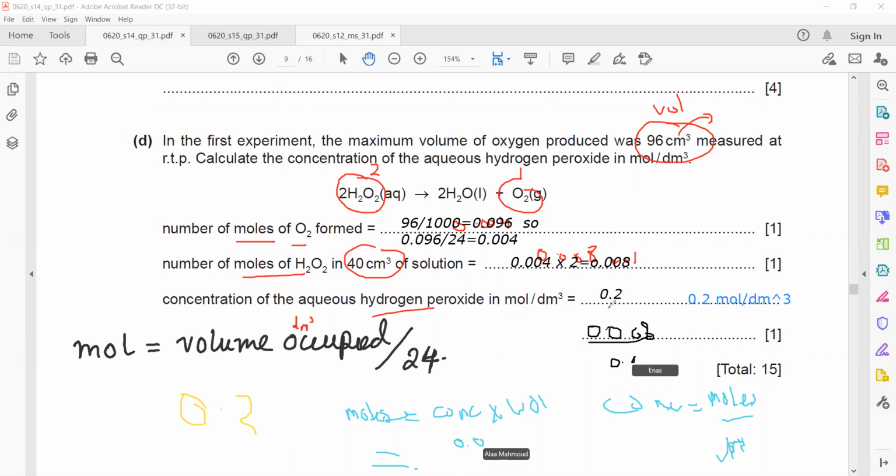So that is equal to 0.2 moles per dm cube.